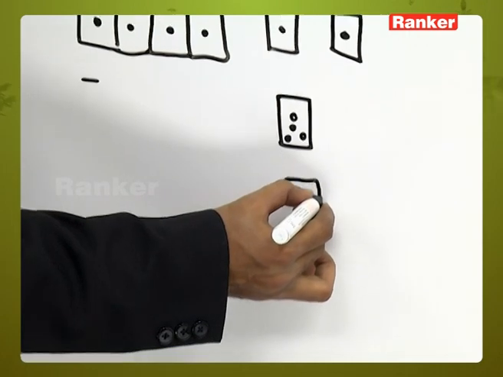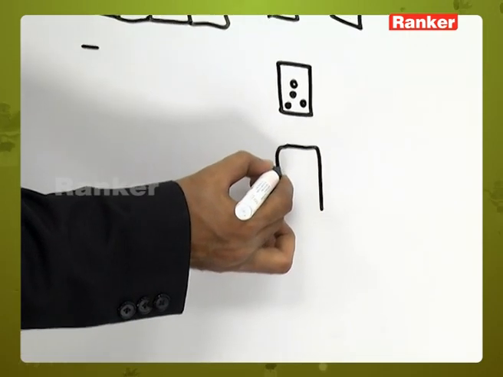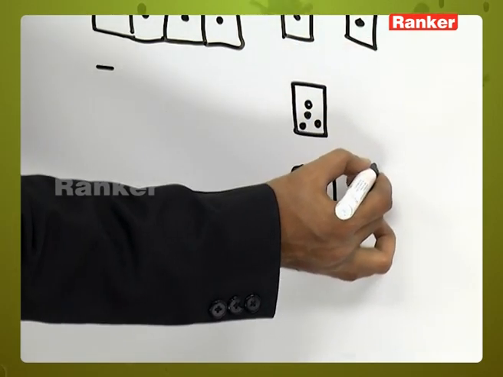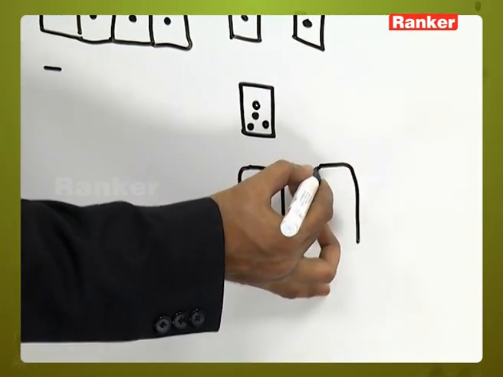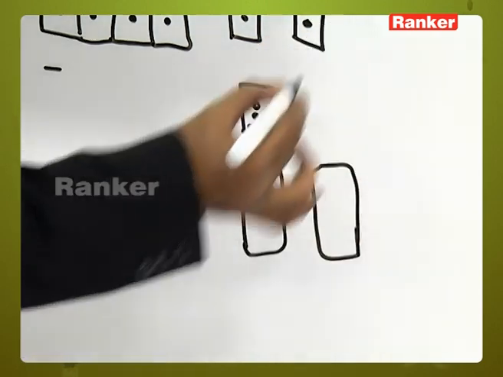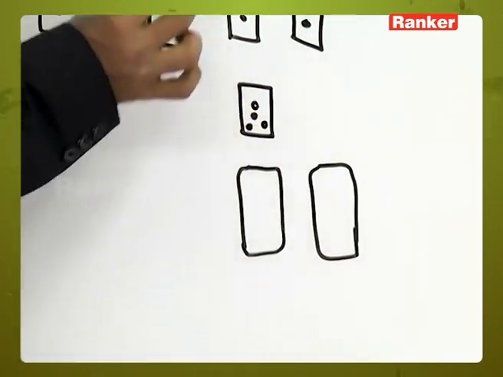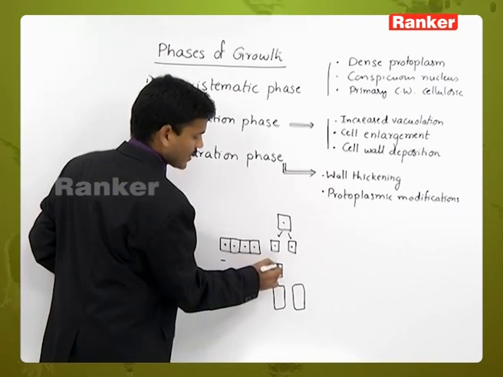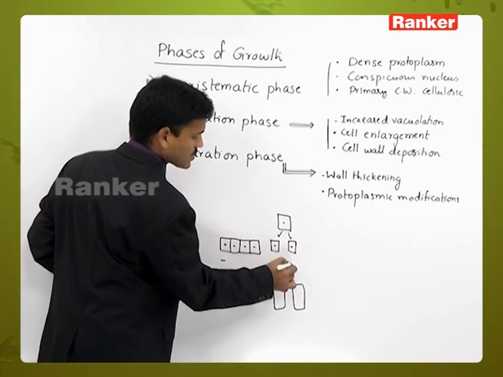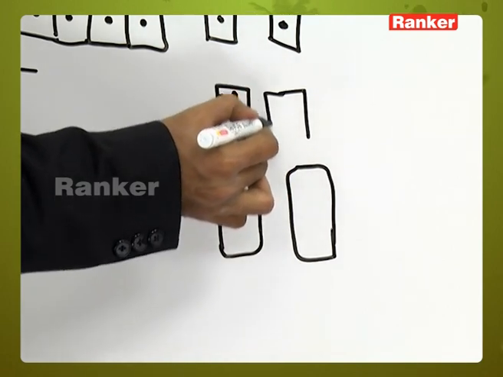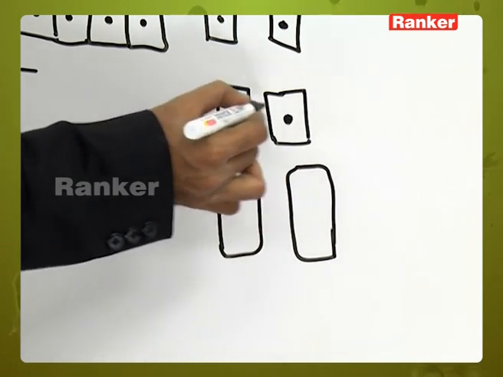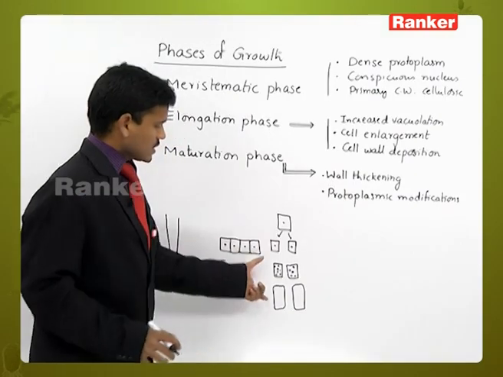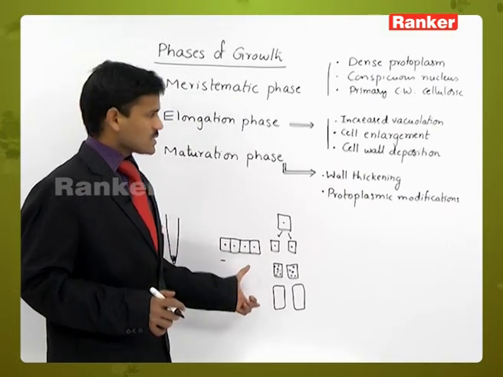So vacuolation is followed by cell enlargement.